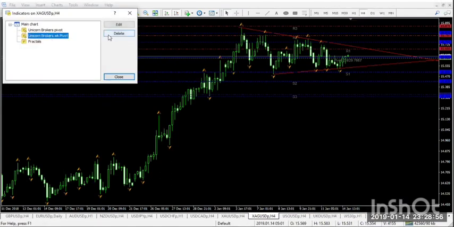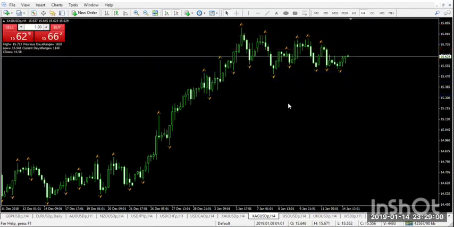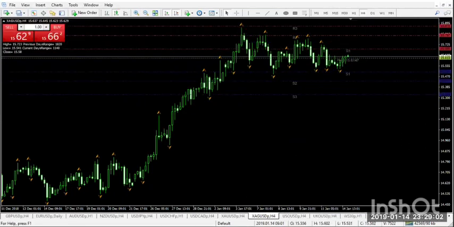For example, let me show you on one chart. So we have a sideways trend here. And when that happens, all of these lines are going to be so close together. But that hasn't really happened here.